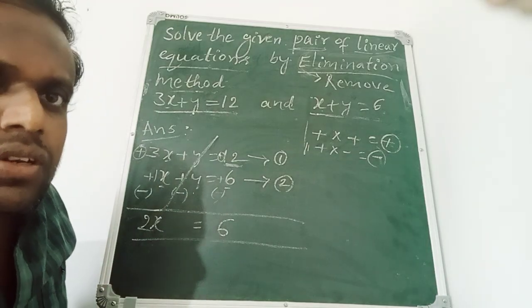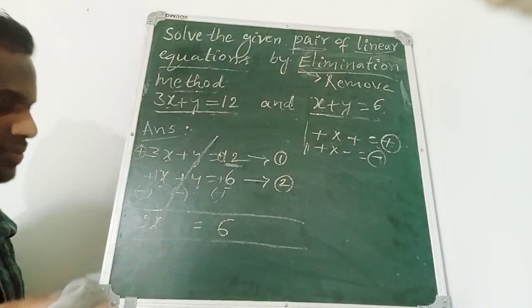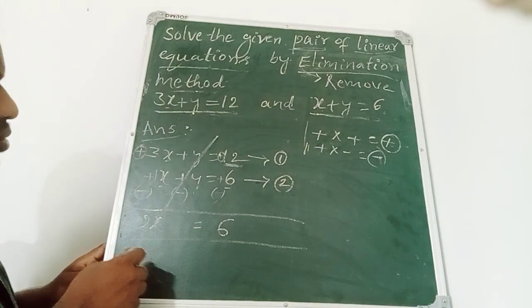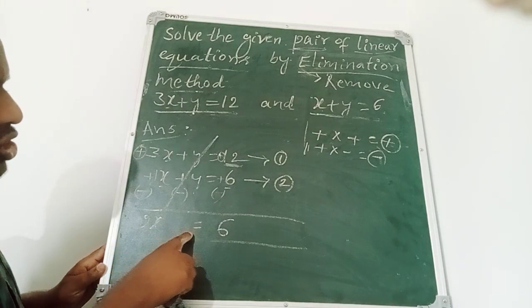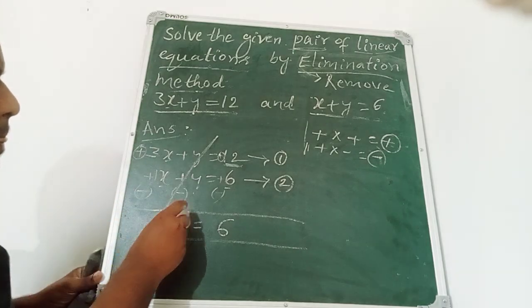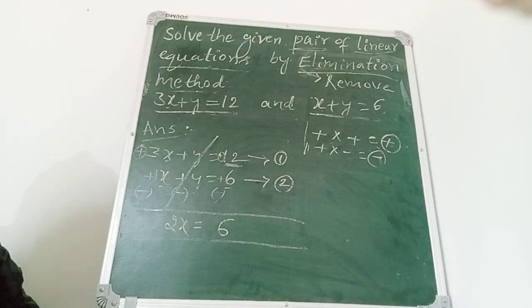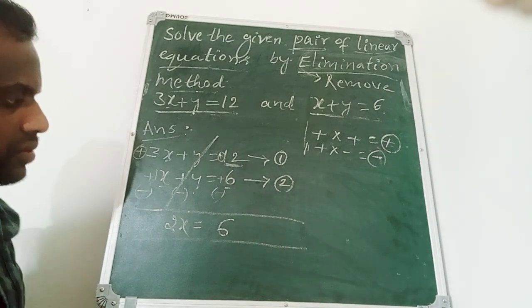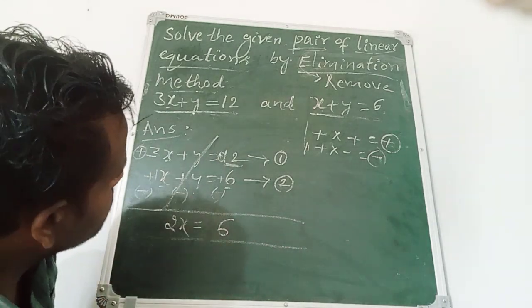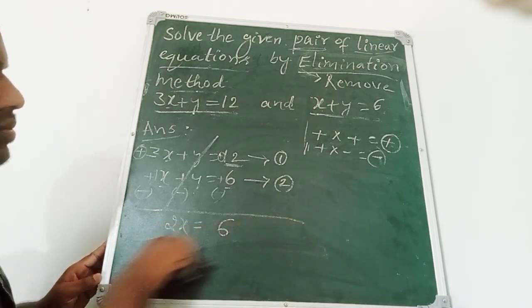Even if you erase it, there is a plus sign. That is the meaning. Now 2x I will write here, just very close to this equal sign.